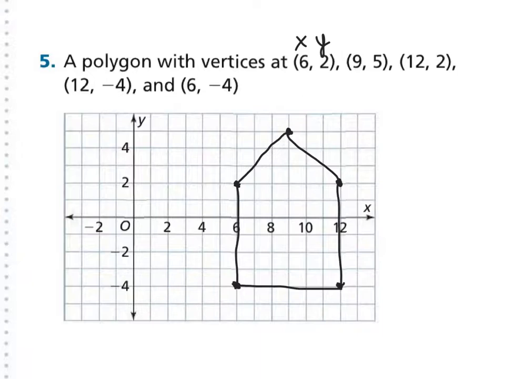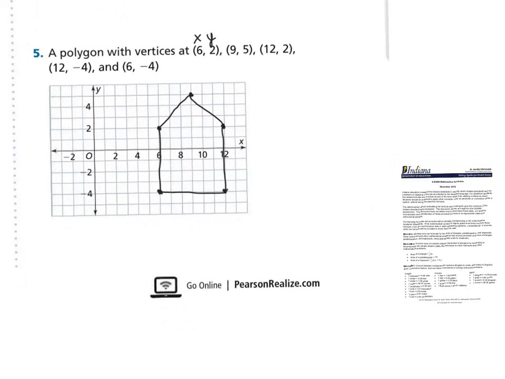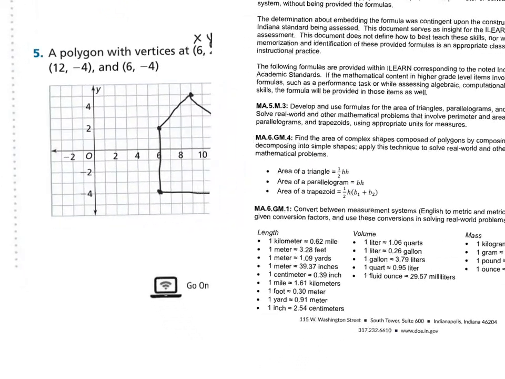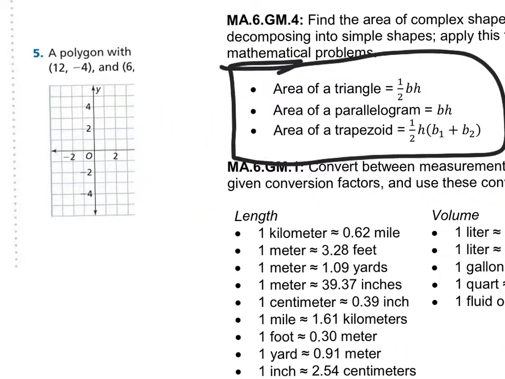We're going to look at this and try to break it up into pieces and then figure out what the area is. And again, the formulas will be given to you. You can see the ones we've been working with here: area of a triangle, parallelogram, and trapezoid. Those 3 formulas will be given when you do these problems.